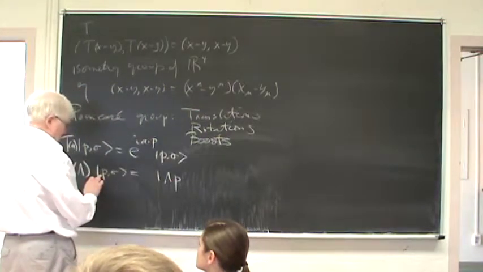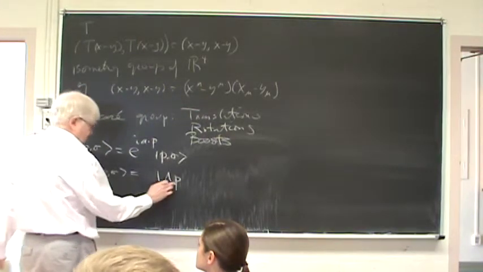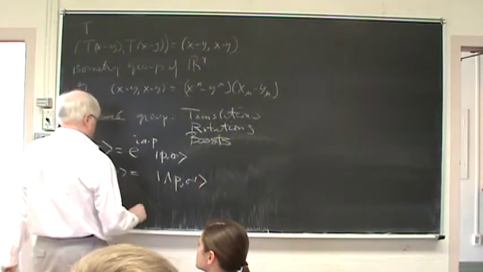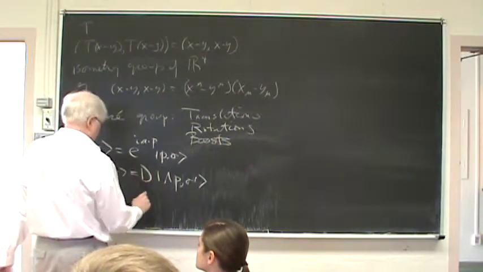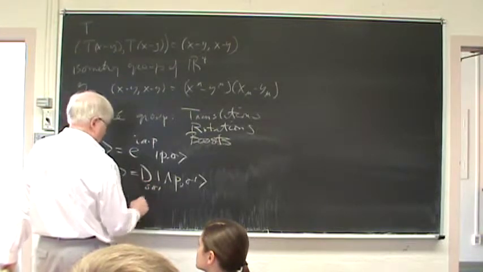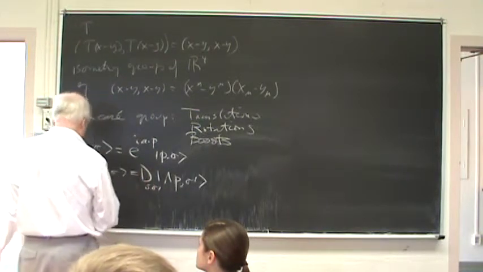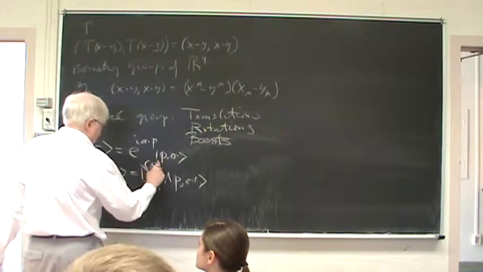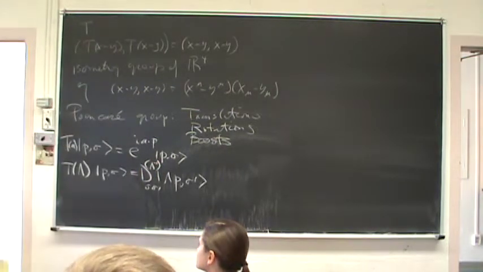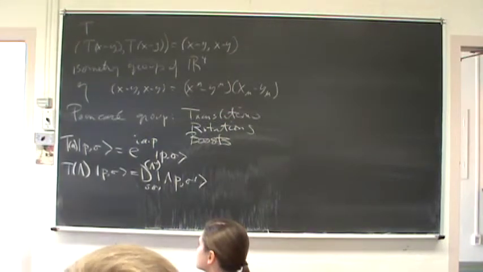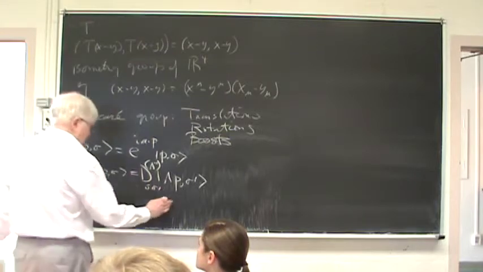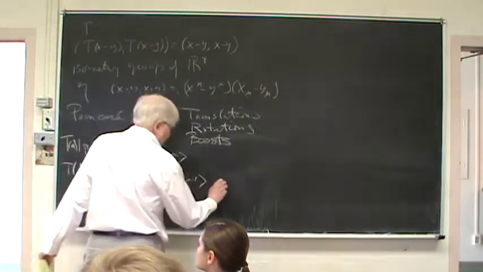It first of all would change the momentum into the Lorentz transformed momentum, and then it would be some sigma prime, and we'd be having to sum over sigma prime, and this is a D associated with lambda, and it's typically lambda inverse actually. So it's something like that. I might be off by a transposition or something, but this is what Wigner showed. This is for the case of positive mass.